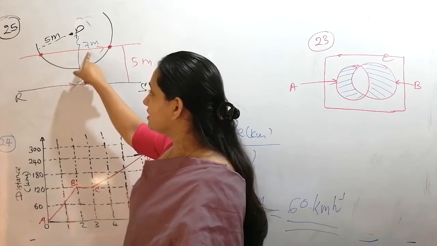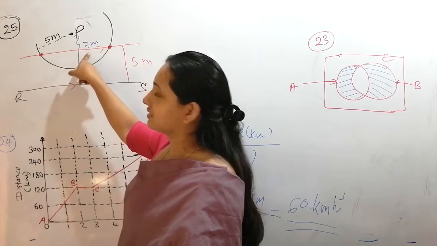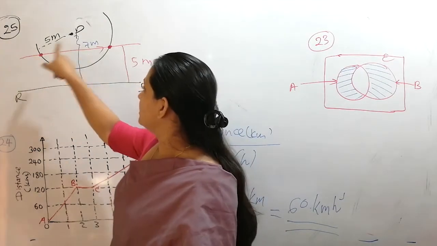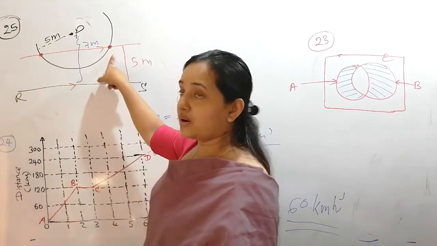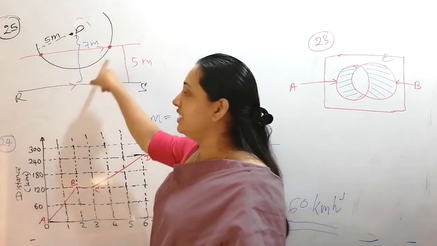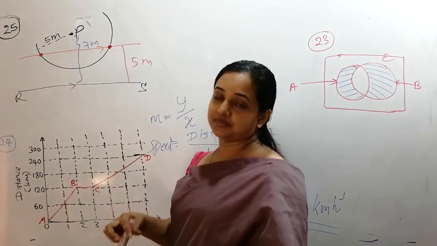These points are 5 meters away from the RS line, but they are not on the arc. Therefore, these points are the only points on the arc and also 5 meters away from the RS line. Therefore, these are the answers.